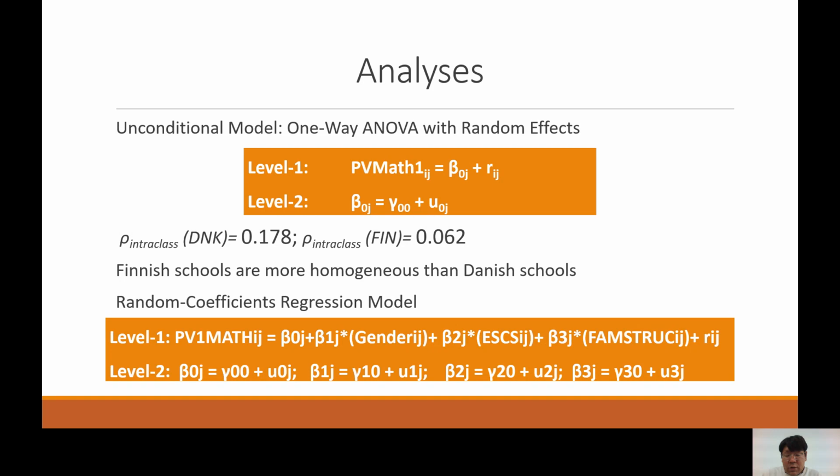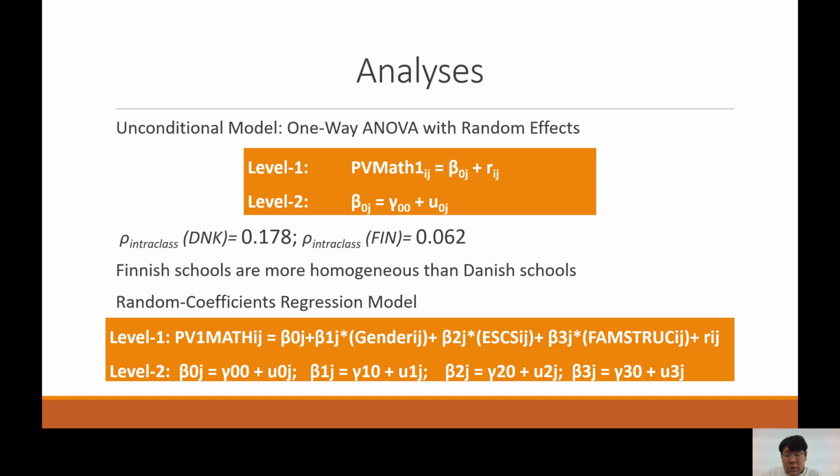When this intraclass correlation, we call it ICC, is low, I don't say here how low is low, and how high is high, but when we compare these two values, in Finland, 0.06, what that means is Finnish schools are more homogeneous than Danish schools.